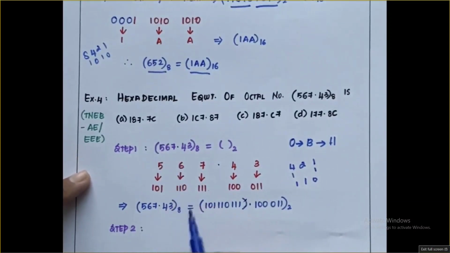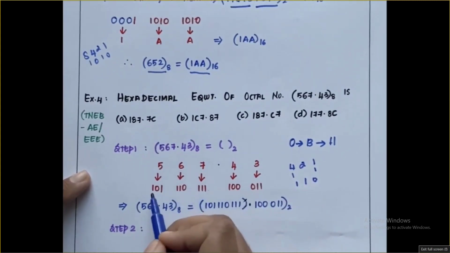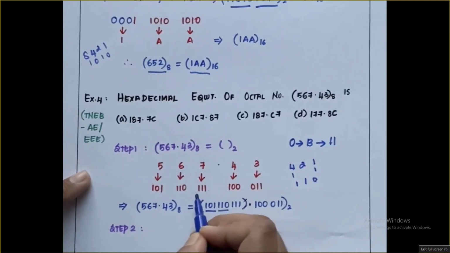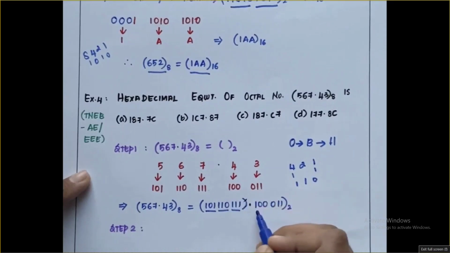So the equivalent binary value can be represented by writing all the values together, which is 101, 110, 111, decimal point, and for the fractional part 100 and 011.